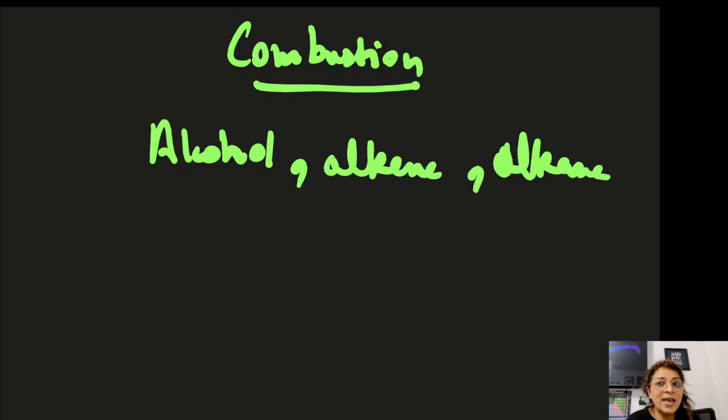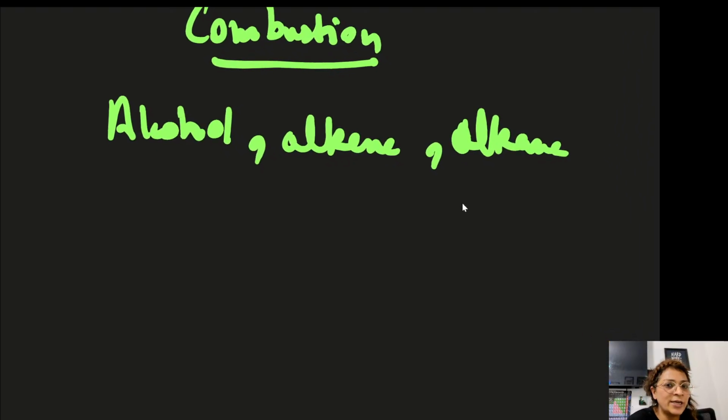When you combust it, what do you react it with? Tell me in the chat. You have alcohol, alkene, alkane and you want to combust it. Combustion means what? Come on, quickly, type in the chat.